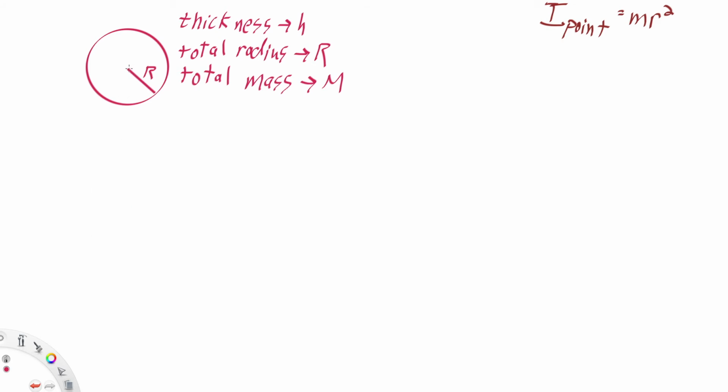So if we are trying to spin the disk around its center, if it was fair to pretend like all of the mass was at the center of mass of the thing, then what would we expect the moment of inertia of the disk to be?